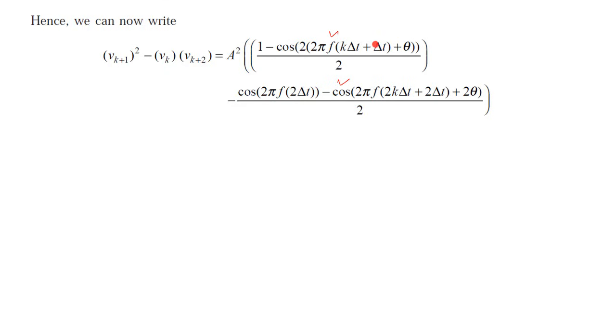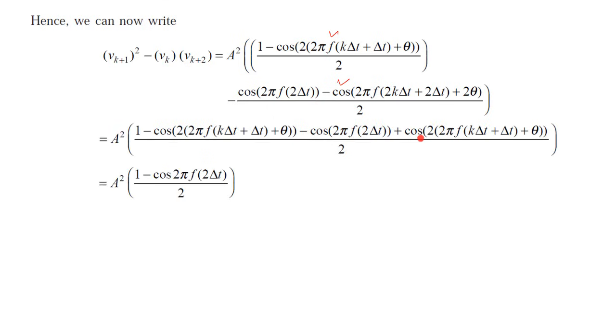So now if we just expand these cosine terms, I can find the final expression: A square into 1 minus cos of 2 pi f 2 delta t, divided by 2, right?